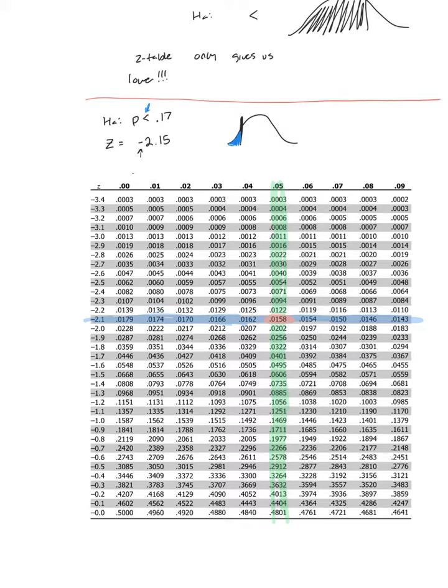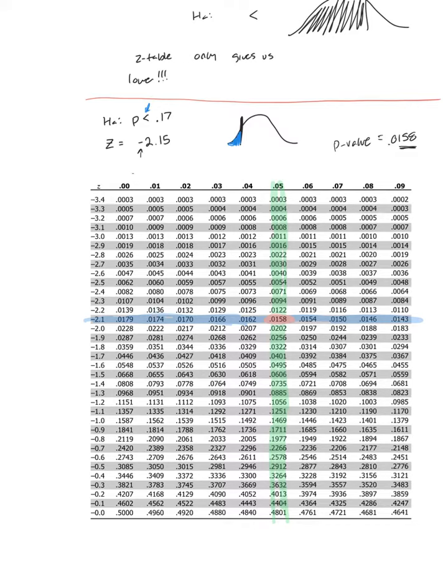So, in this case, my p-value is going to be 0.0158. This is like saying, okay, if my assumption is true, if exactly 17% of people feel this way, there's only a 1.58% chance this would happen. That's a pretty low percentage.